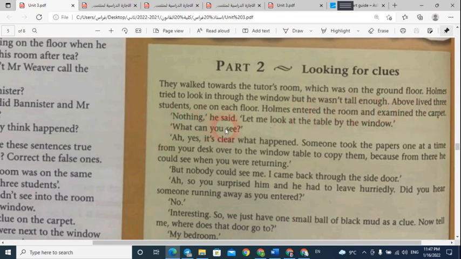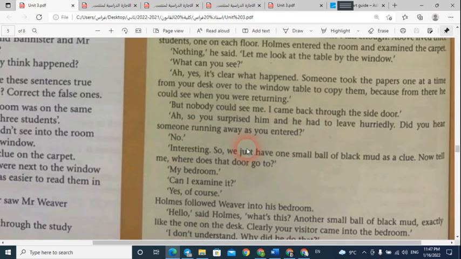"Nothing," he said. "Let me look at the table by the window. What can you see? Yes, it's clear what happened. Someone took the papers, one at a time, from your desk over to the window table to copy them, because from there he could see when you were returning."